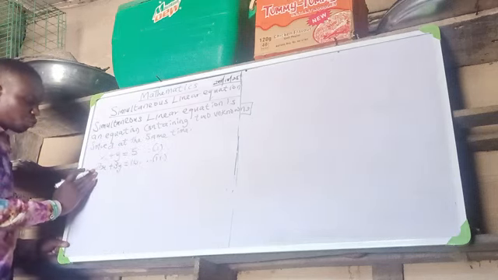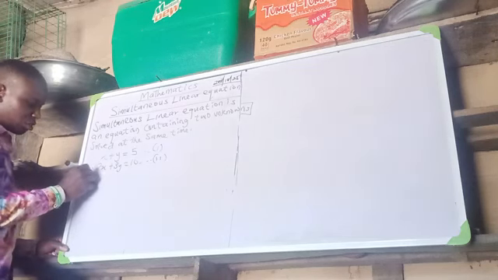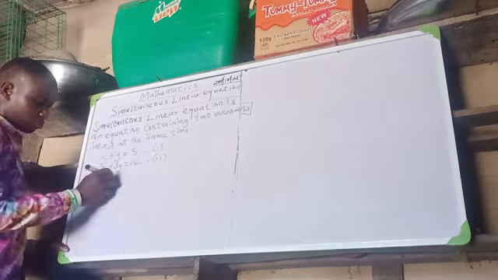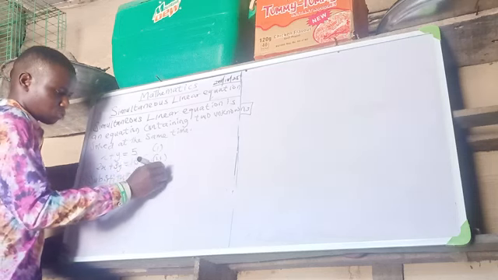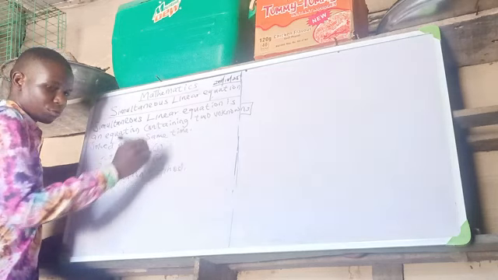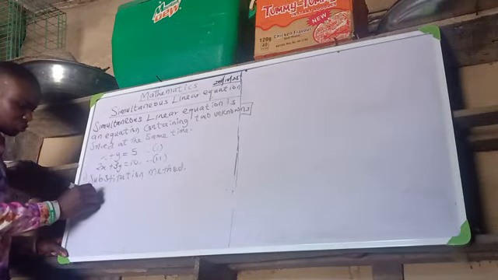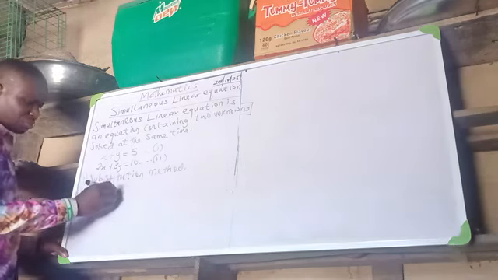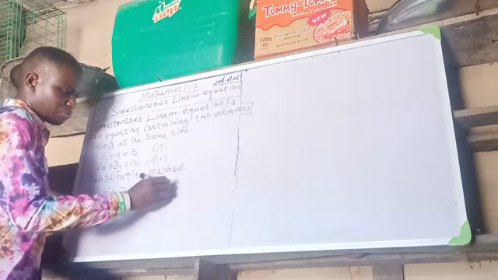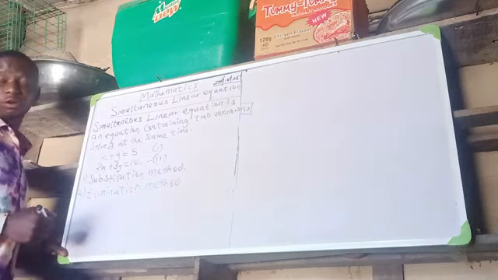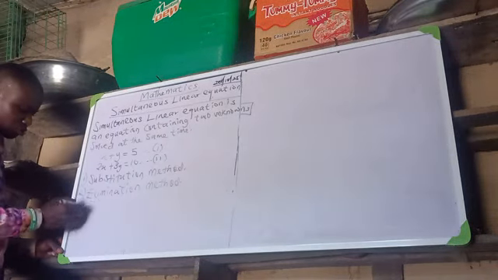So we have different ways of solving simultaneous equations. The first way is the substitution method. The second method we have is the elimination method. This elimination method is another method of solving simultaneous equations.